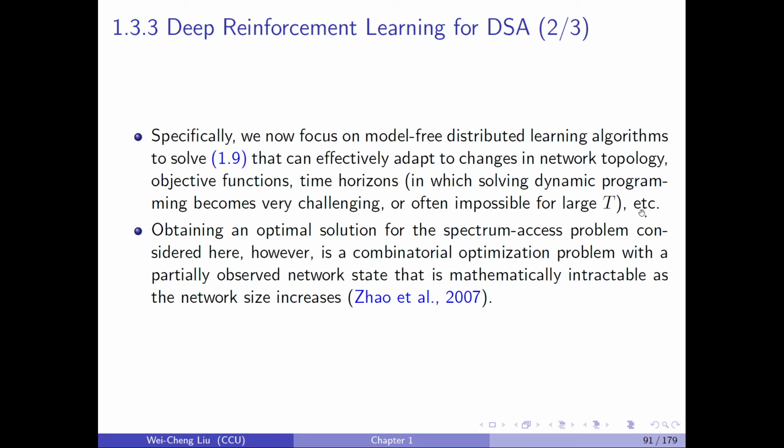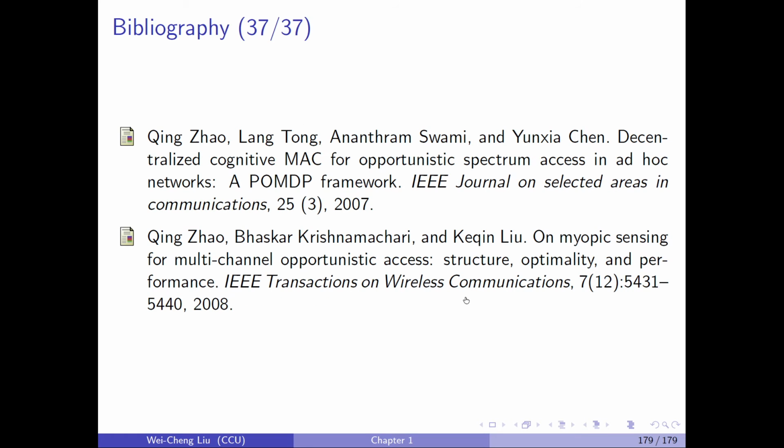Obtaining an optimal solution for the spectrum access problem considered here, however, is a combinatorial optimization problem with a partially observed network state that is mathematically intractable as the network size increases. Please see Zhao et al. in 2007.